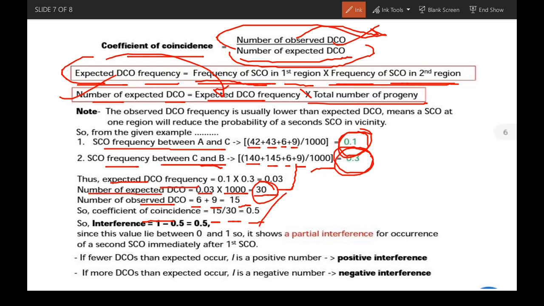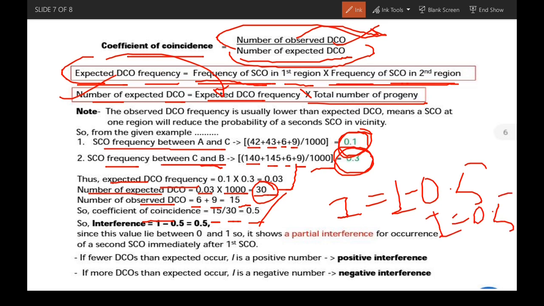Coefficient of coincidence is 0.5, so I is equal to 1 minus 0.5, which gives us 0.5. I is 0.5, that is between 0 and 1, so there is partial interference. Some double crossovers will be seen.